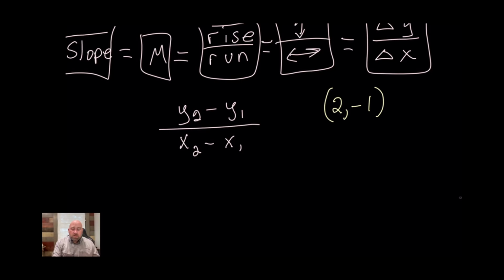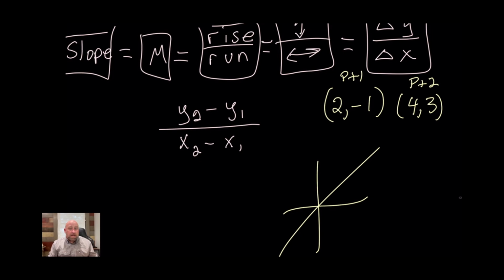And so we can call this point 1. This is our first point that they give us. And then point 2, and that looks like p plus 2, but it's not. It's point 2. And our point 2 is going to be 4, 3. And this again is on the bottom of page 91. They're just giving us this information. This would be like we graphed it and there's a line on that graph.